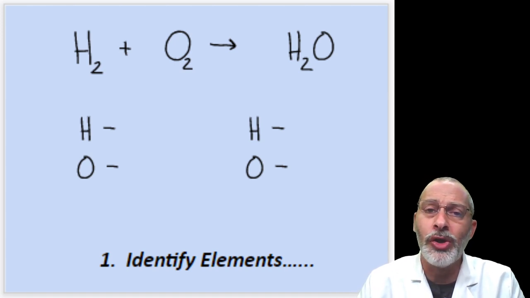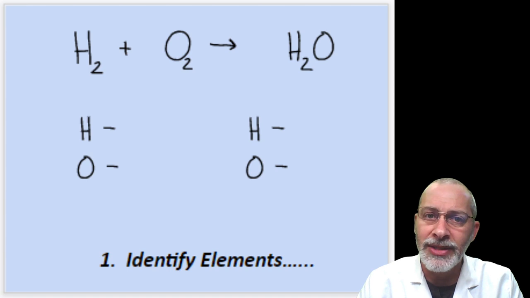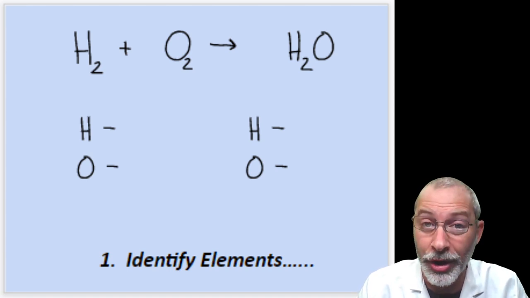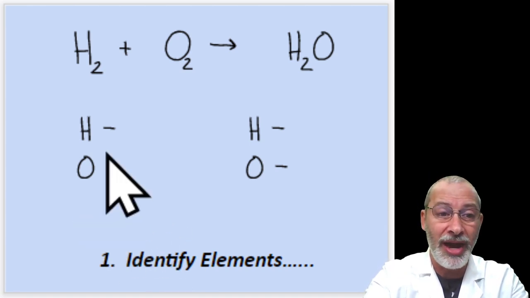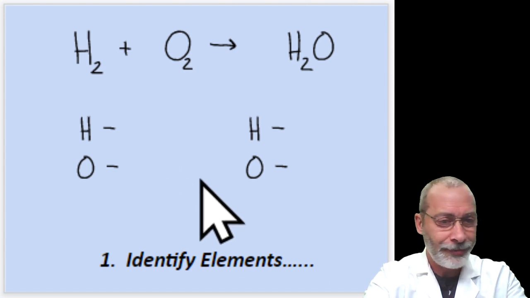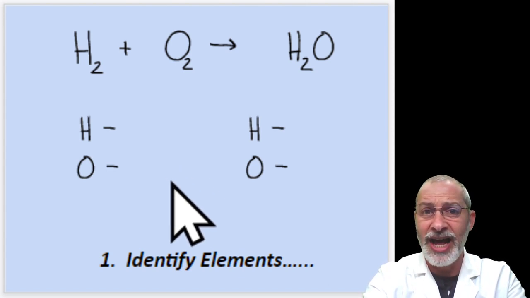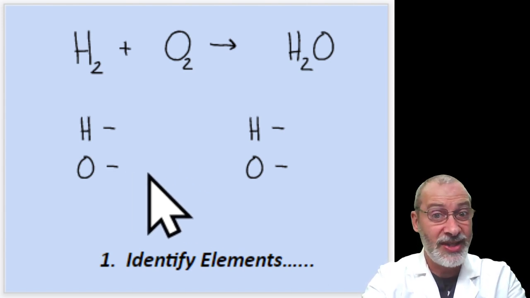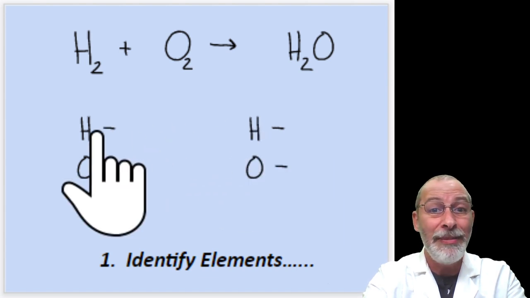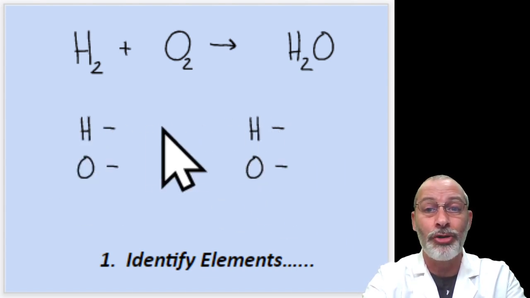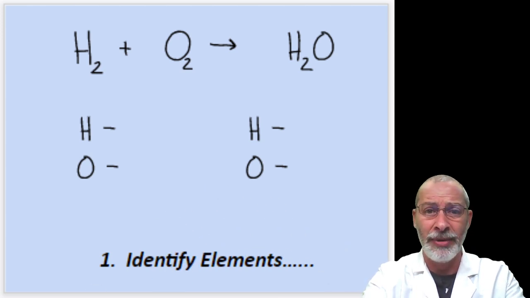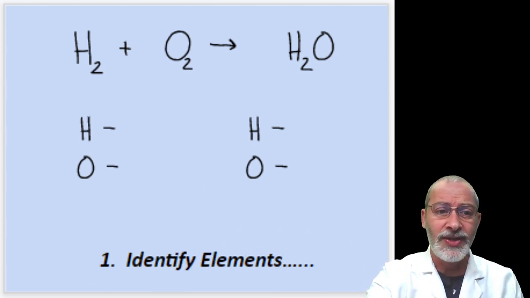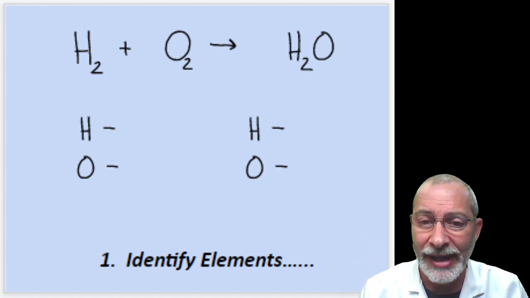Always prepare your lists of elements on both sides of the equation in the same order. Because as we get to larger equations, when you are comparing back and forth, it's going to save you a lot of aggravation and mistakes if you are simply able to compare straight across as opposed to hunting down lists of different elements. But nonetheless, step one, identify the elements.